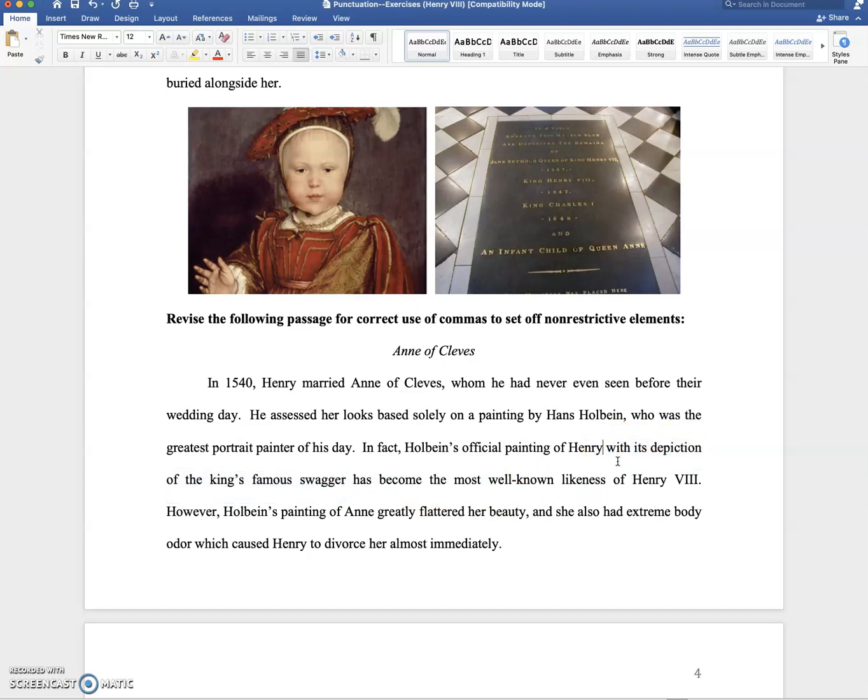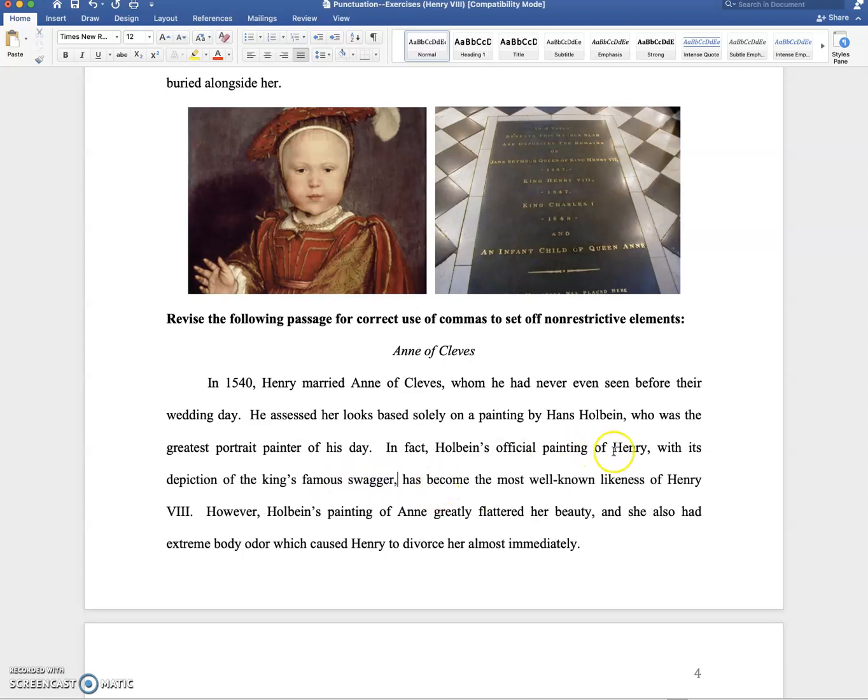This is one that comes in the middle of the independent clause. And usually you don't set off prepositional phrases with commas because usually they're essential to the meaning of the sentence. But if you cut that out and you read the sentence that remained, it would be complete and the meaning would not be changed. This is sort of like a little aside, this is the one with the famous swagger, sort of just dropped in there.